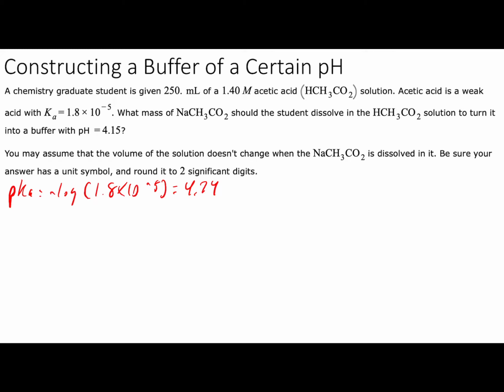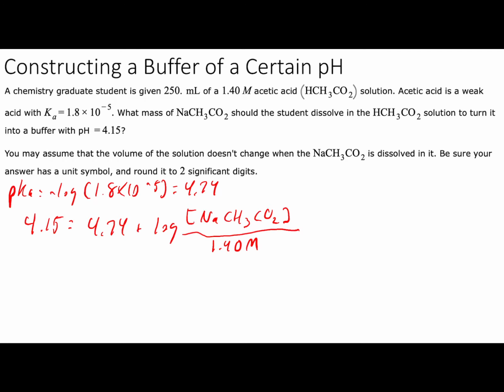So from the Henderson-Hasselbalch equation, the pH, in this case our desired pH 4.15, equals the pKa 4.74 plus the log of the concentration of the base, in this case the sodium acetate, [NaCH3CO2] is one way to write that, divided by the concentration of the acid, in this case acetic acid, which has a concentration, they told us, of 1.40 molar.